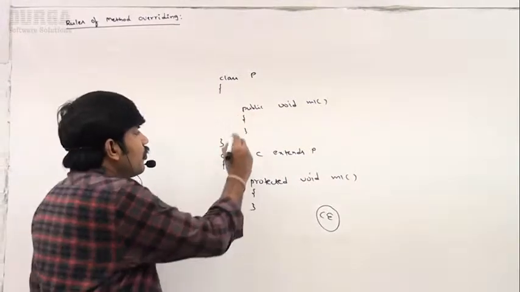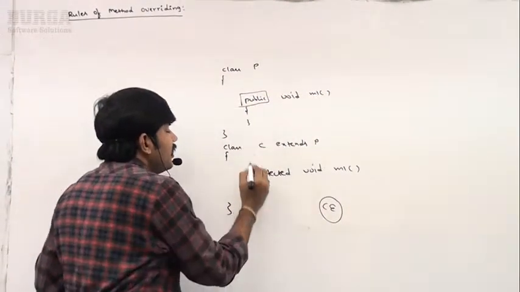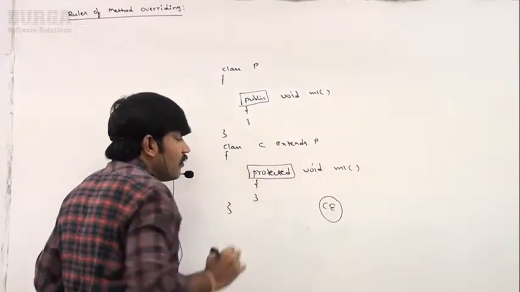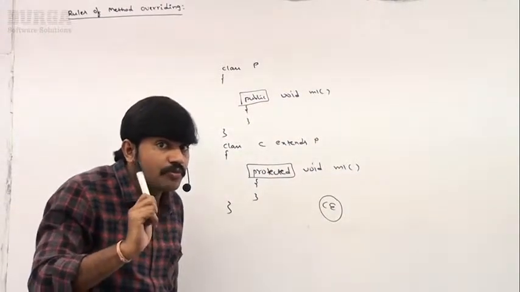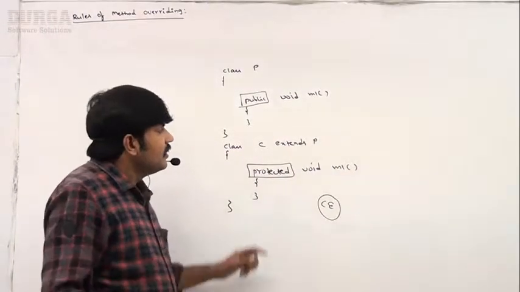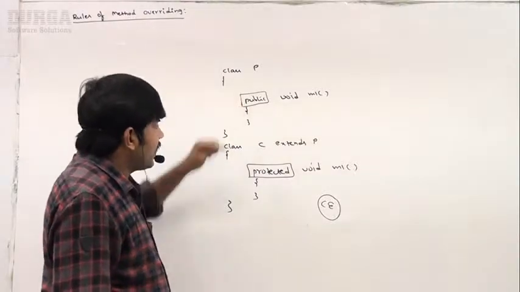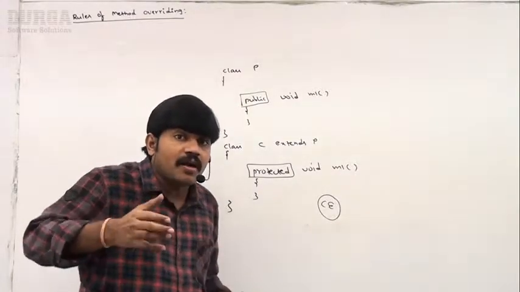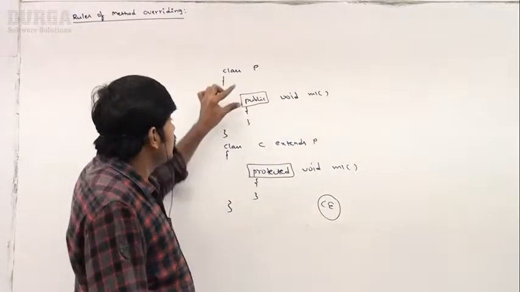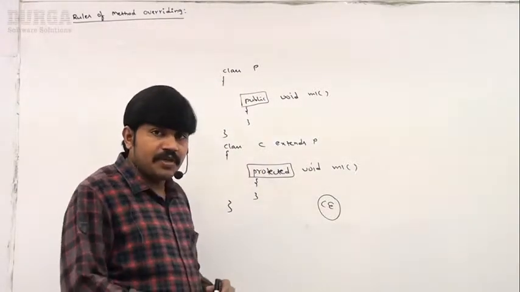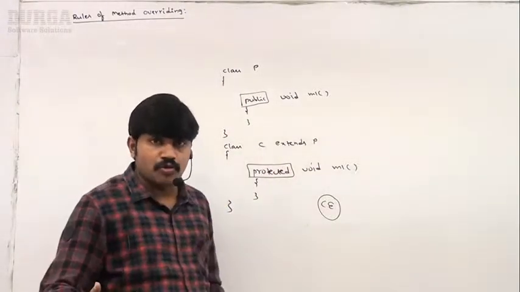Related to these access modifiers, do you have any rule for overriding? Very important for the exam's sake. That's why you should be aware of it clearly. Sir, while overriding, we can't reduce the scope of the access modifier. Public to protected means we are reducing the scope.